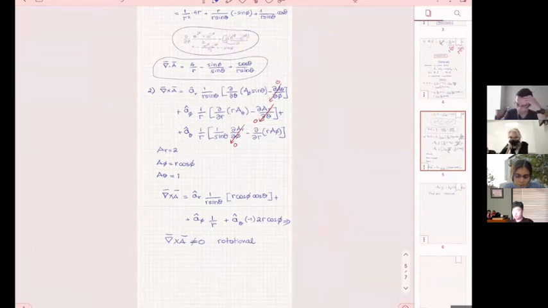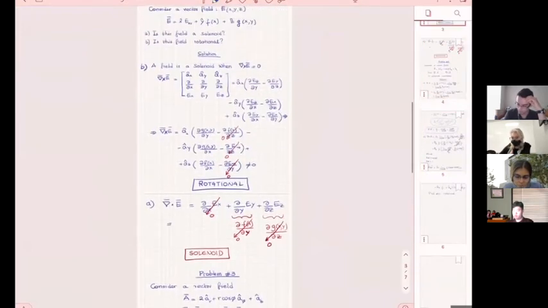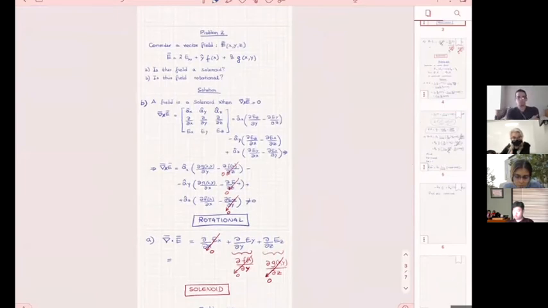I did not give you something simple so you can see how you even work it out when it's complex. But in our case, the fields that we will see are not going to be crazy like that. It's going to be a lot easier to identify whether something is solenoidal or rotational.